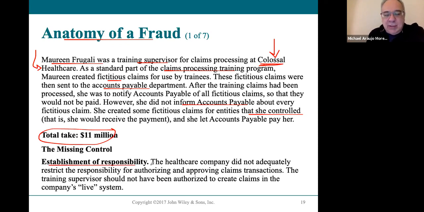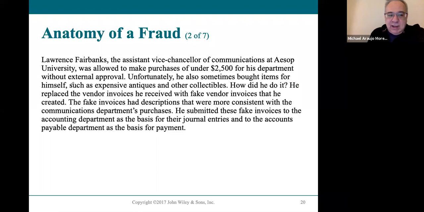They didn't adequately restrict who could authorize and approve claims. They didn't even have a separate system for training, which to me was very stupid. They were using the live system to train people, and this is how this person got 11 million bucks. But that's a lot.